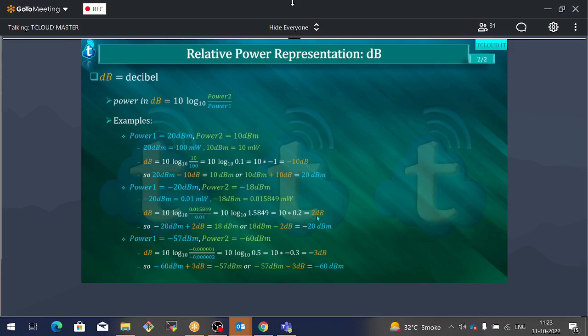Do the comparison, you get 2 dB. So there is a 2 dB power gain. From minus 20 dBm, with a 2 dB gain, you have reached minus 18 dBm. Or from minus 18 dBm, if you lose 2 dB, you will get to minus 20 dBm. Both places the minus sign was missing; just imagine that it is there.